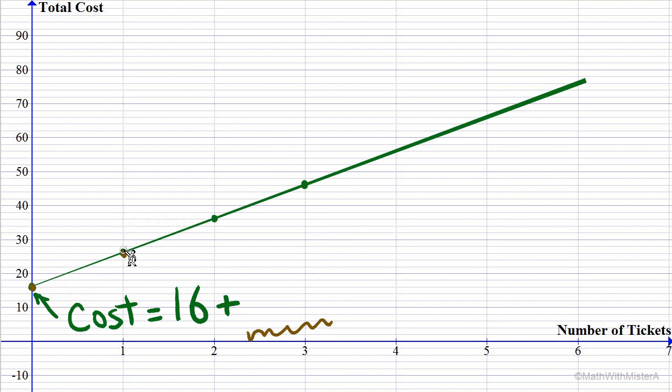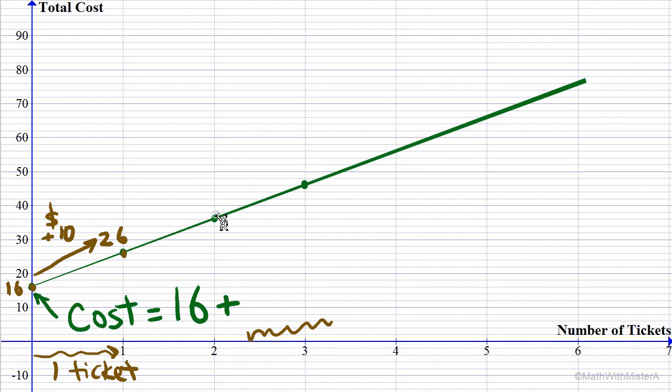With 1 ticket, it went up to 26. So from there, we could see 16 up to 26. That was an increase of $10. And how many tickets change? 1 ticket. So there's a way for us to identify the rate of change from the graph. It's pretty easy if we can spot our starting amount and what happens when we set our variable equal to 1.